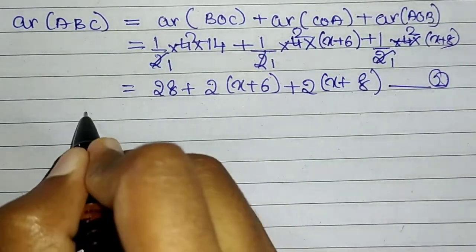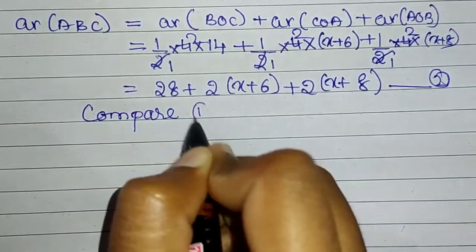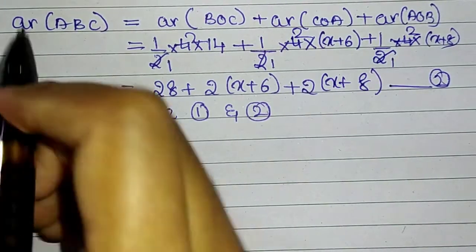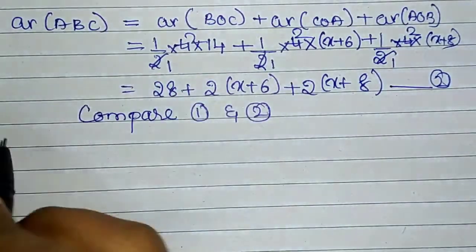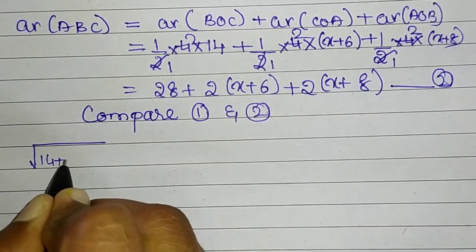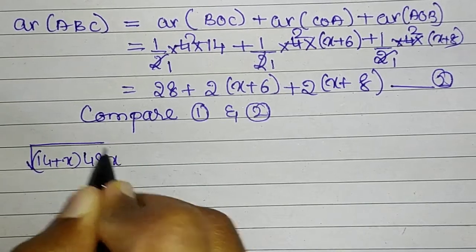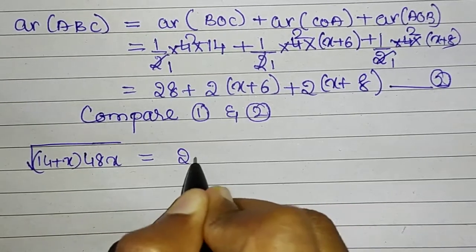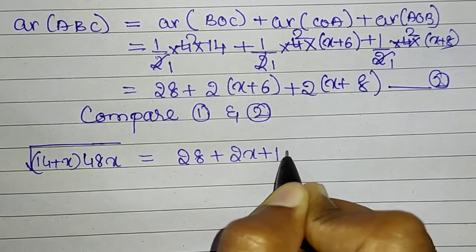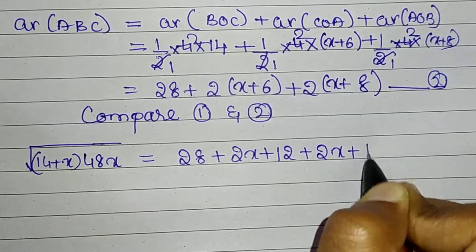So now compare 1 and 2. Both are area ABC, so we can equate them. So the square root of (14 plus x) into 48x is equal to 28 plus 2x plus 12 plus 2x plus 16.